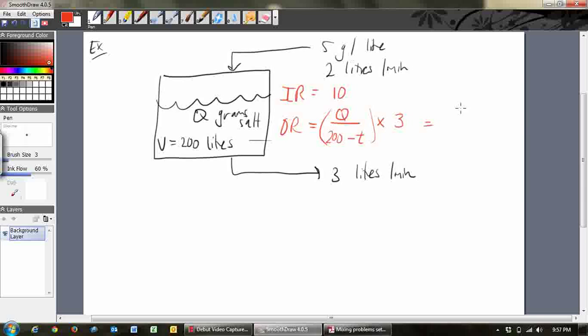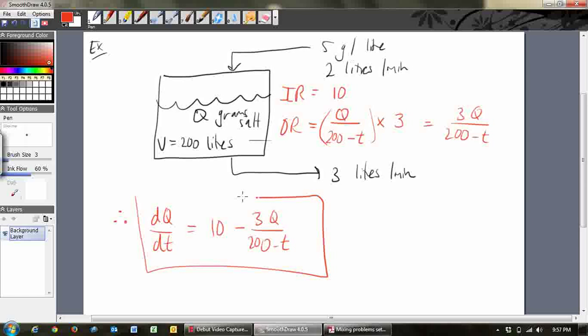Does that clean up? Not really, so we'll just have 3Q over 200 minus t. And therefore your DE will be dQ/dt is equal to your input rate, 10, minus your output rate, 3Q over 200 minus t. And that is your DE that you've set up from the mixing problem.